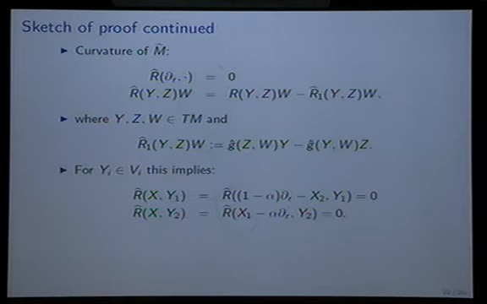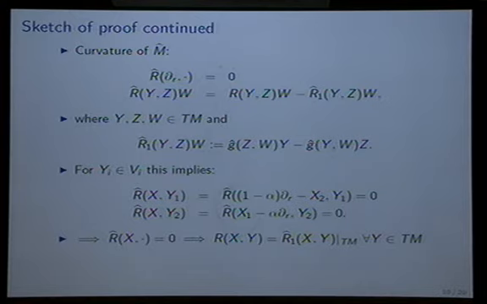So this gives 0, and similarly we can show that R hat of X, y2 is also 0 for any y2 from V2. So we see that R hat of X is always 0, for this special vector X which appeared in this decomposition. And so we obtain that R(X,Y) equals R1 hat(X,Y) from this formula, because this term is 0. The left-hand side is 0, so this expression is equal to this.